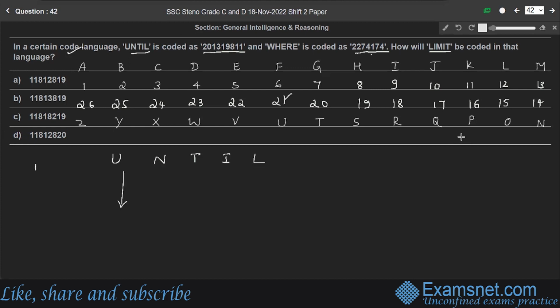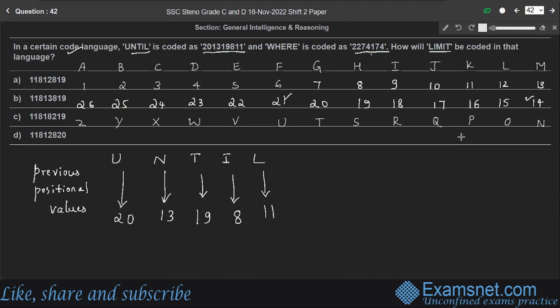Therefore, we have to consider their previous positional values. So U is coded as 20, N's positional value is 14, its previous value is 13, T's positional value is 20, it is coded as 19, I's positional value is 9, its previous value is 8, and L's positional value is 12, and its previous value is 11.